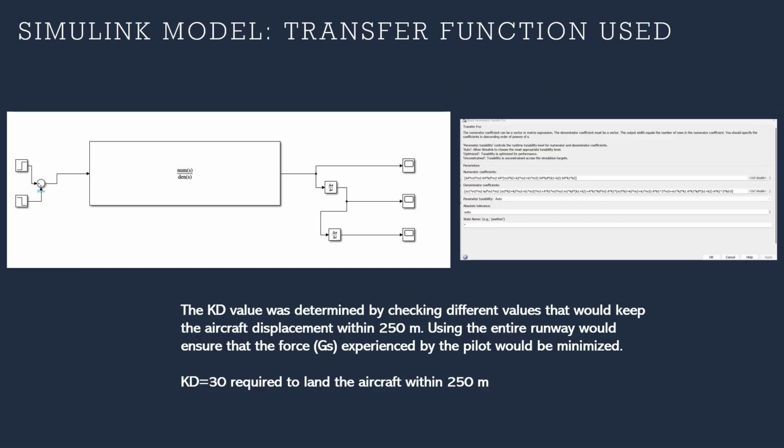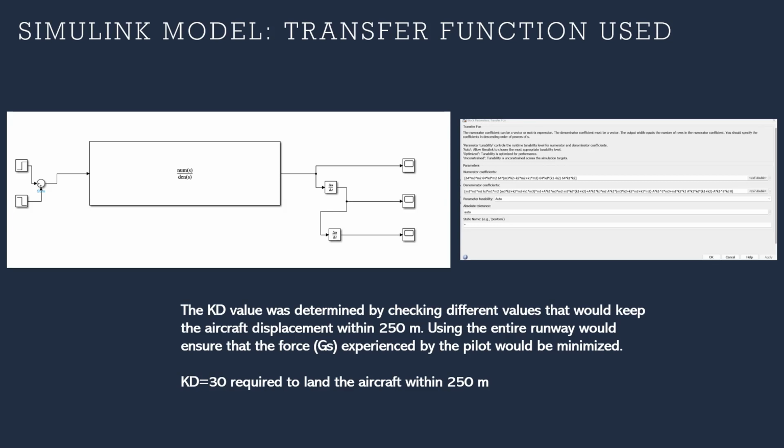After deriving the transfer function for the plane, we can put that into Simulink in order to output the displacement, velocity, and acceleration of the plane. Here is a diagram of what that Simulink model looks like, and to the right is the transfer function put into that model. The only variable in this transfer function is the KD, which we have to manually tune in order to keep the displacement under 250 meters.